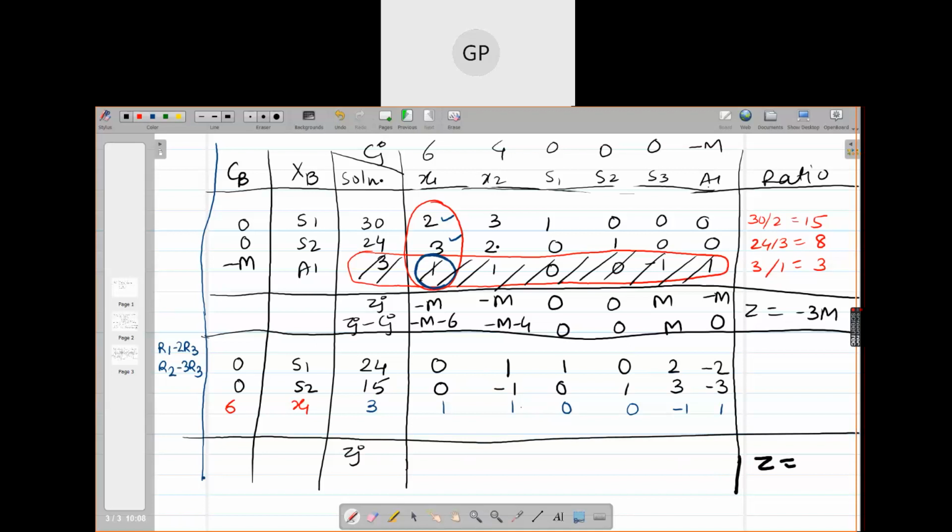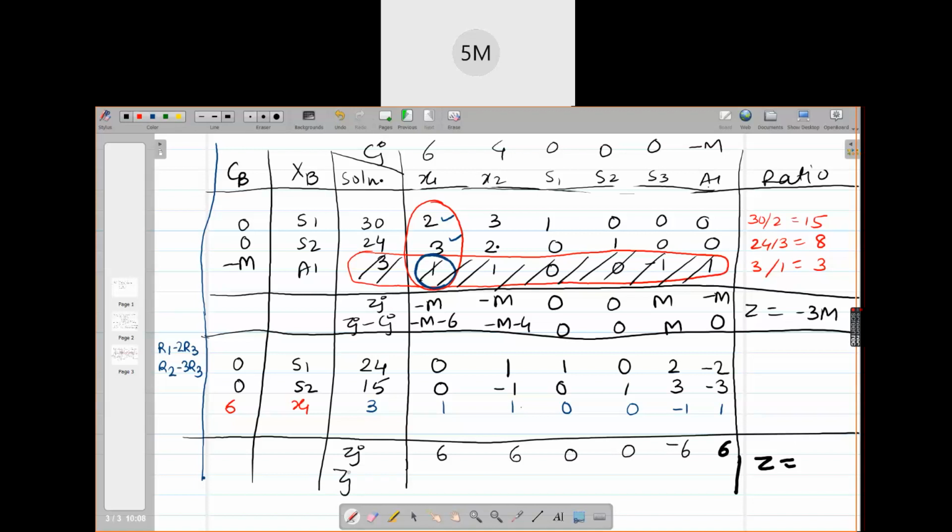Now Zj values, first column, CB column into the respective variable. So that is 6, 6, 6, then 6 again, 0, 0, minus 6, plus 6.